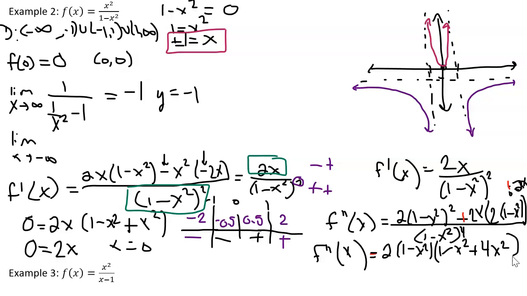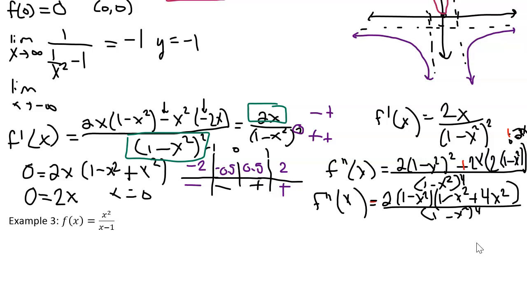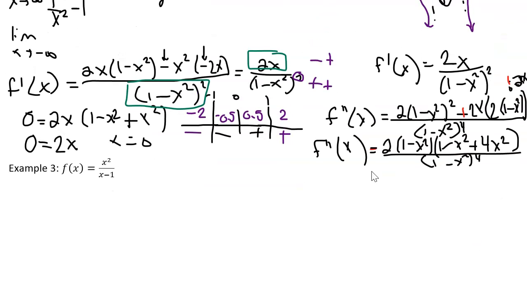So go ahead and close parentheses there. All over your common denominator that has not changed, 1 minus x squared to the 4th. And going just a little bit further, that leaves us with 1 minus x squared over 1 plus 3x squared, all over 1 minus x squared to the 4th.